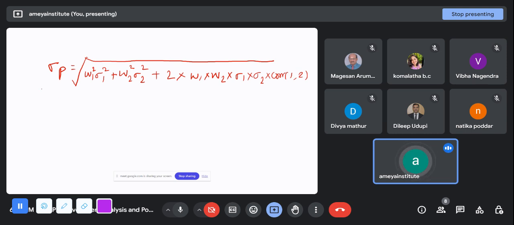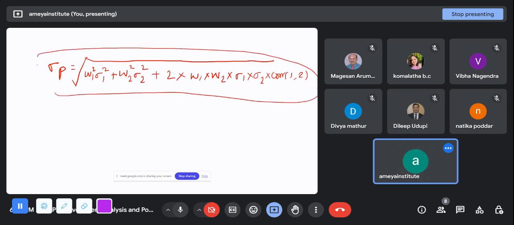So that becomes your standard deviation of P, that's called the portfolio risk of the asset. Is it clear?